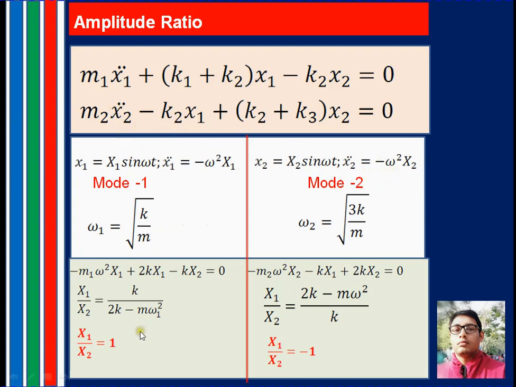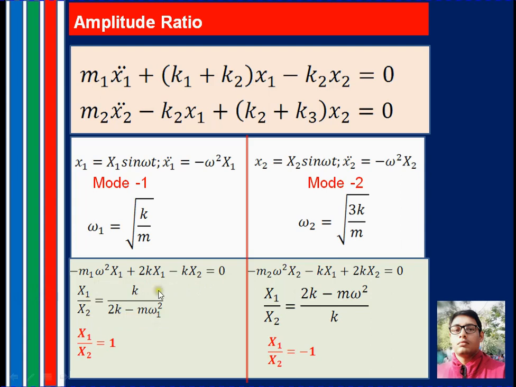Then the corresponding ratio x1 by x2: in the first equation, mode 1, you will get minus omega square m1 x1 plus 2k x1 minus k x2 equal to 0. Now taking x1 on one side and the coefficients of x2 on the other side, we get x1 by x2 equal to k divided by 2k minus m omega 1 square.